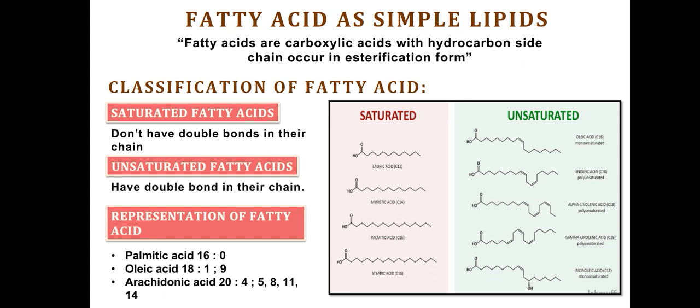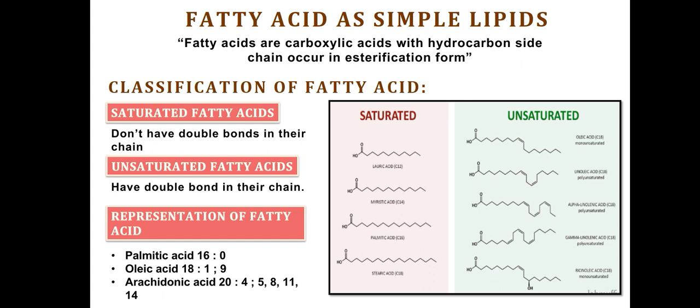And unsaturated fatty acids are the fatty acids which contain double bonds in their chain, for example, palmitoleic acid, linoleic acid, and oleic acid. Now, for the representation of fatty acids, there's a specific scheme followed in which first we write the total number of carbons, then the number of double bonds present in the chain, and last we place the first carbon position of the double bond in the chain.